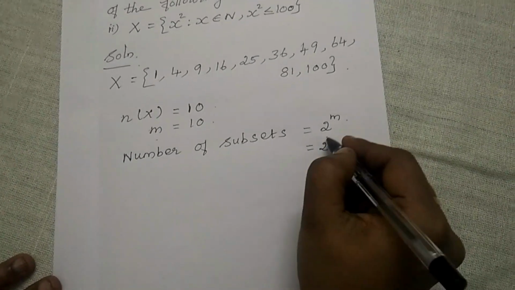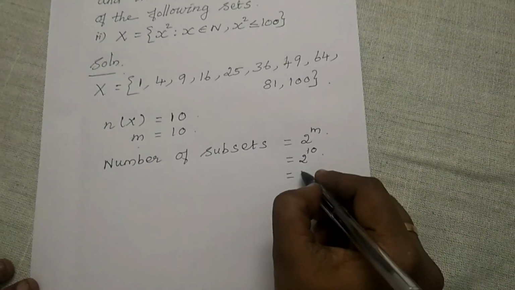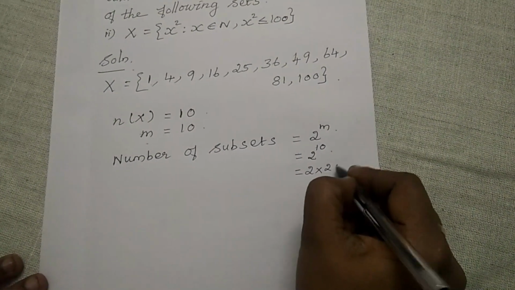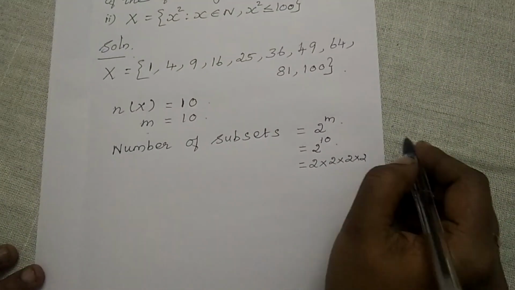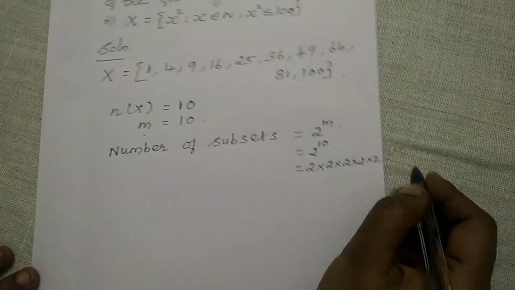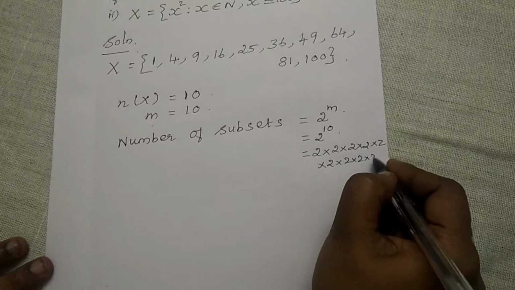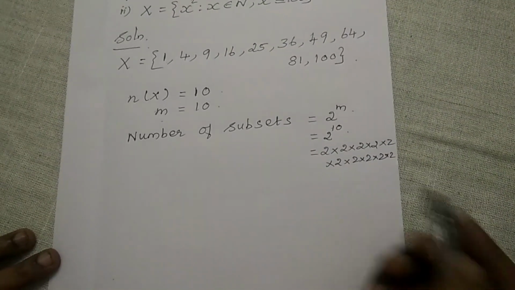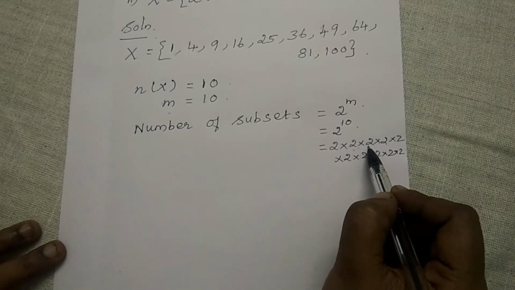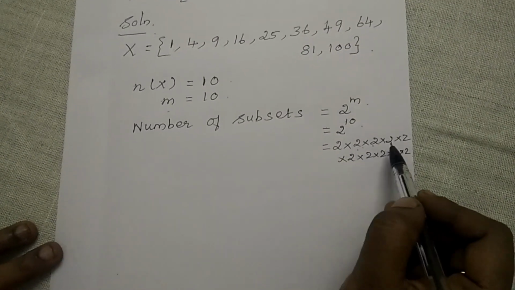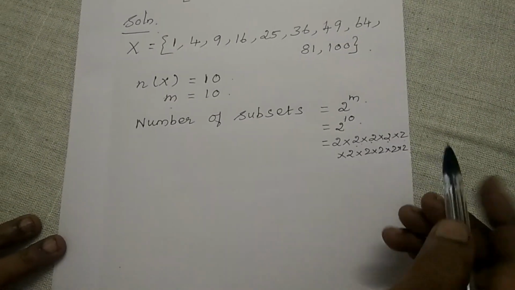2 power m, m value is 10, equal to 2 ten times we have to write, 2 into 2 into 2 into 2 into 2 into 2 into 2 into. Understood? Then 2 2s are 4, 4 2s are 8, 8 2s are 16, 16 into 2 is 32.